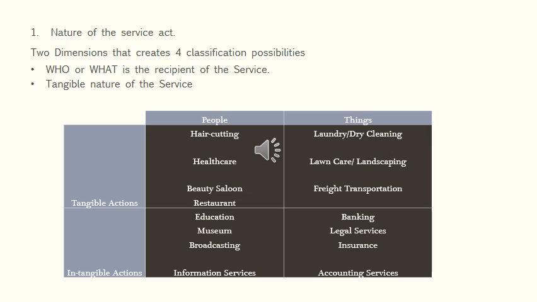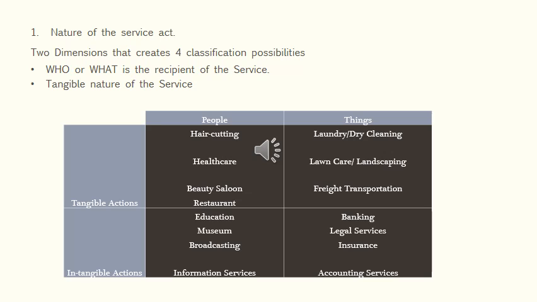Nature of service acts can be classified into two dimensions that create four possible classifications: who or what is the recipient of the service, and the tangible nature of the service. It can be divided into people and things, tangible and intangible. For people, tangible actions are haircutting, healthcare, beauty salon, restaurant.